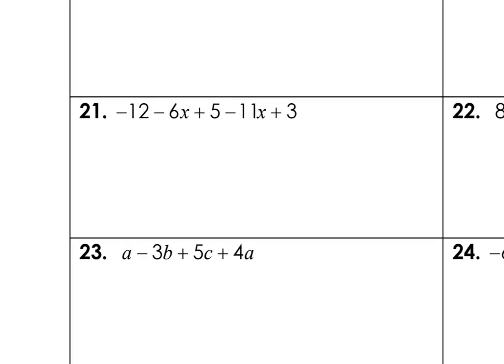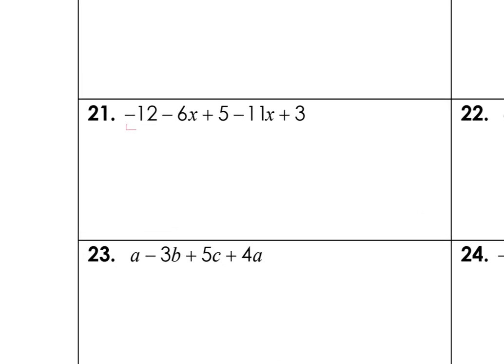So here we go. Negative 12. Oh no, that's a constant. No big deal. Let's just find the other constants. Negative 12 plus 5 plus 3. This is negative 7 plus 3. That's negative 4. If you want to put them out front, if you don't want to put them out front, okay, I don't care.